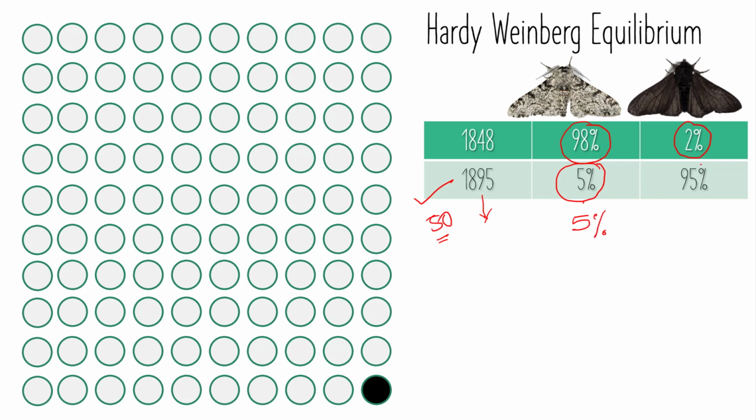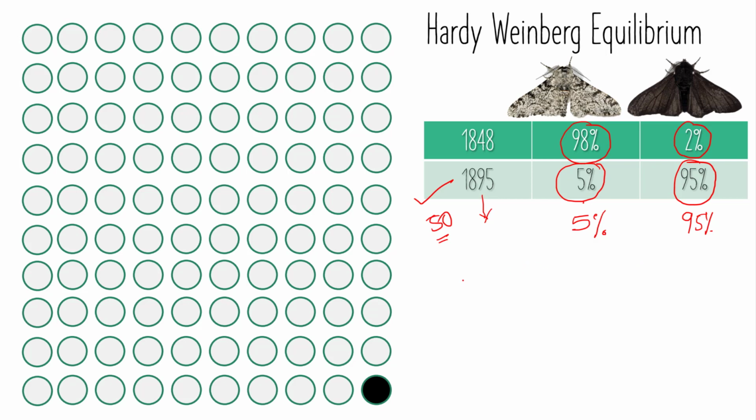And the 2% of dark colored peppered moth has risen to 95% of the population. So in this scenario, we can say that the factors present in the environment after industrialization selectively favored the dark colored peppered moth over the light colored one.